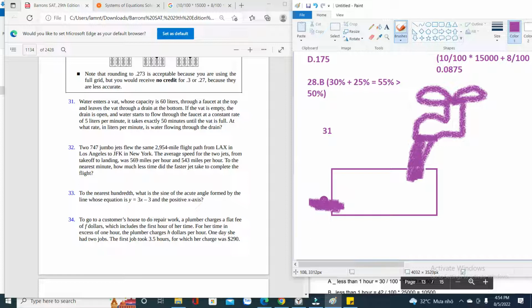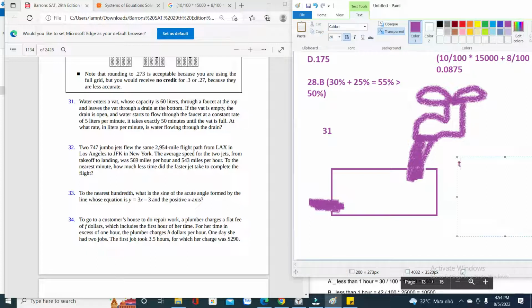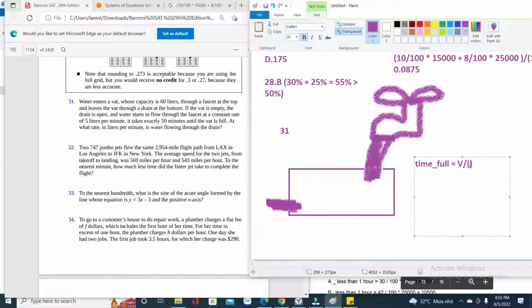So we have an equation: time full is the volume divided by velocity in minus velocity out.